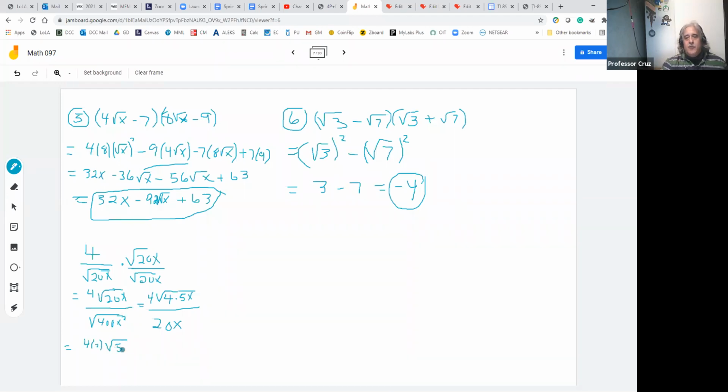Doesn't hurt to do it more than one way if you're not sure. So this is 8 square roots of 5x over 20x.